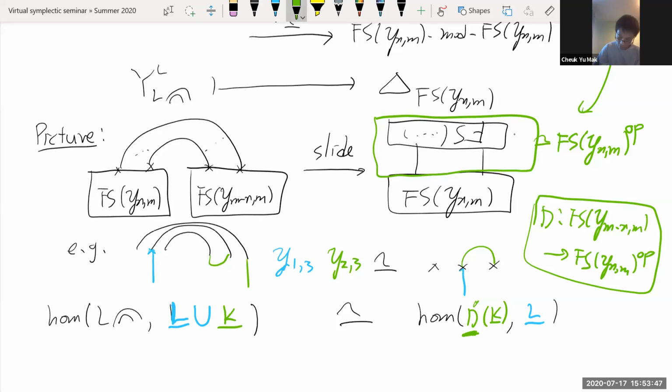So yeah, this is the so-called sliding procedure.